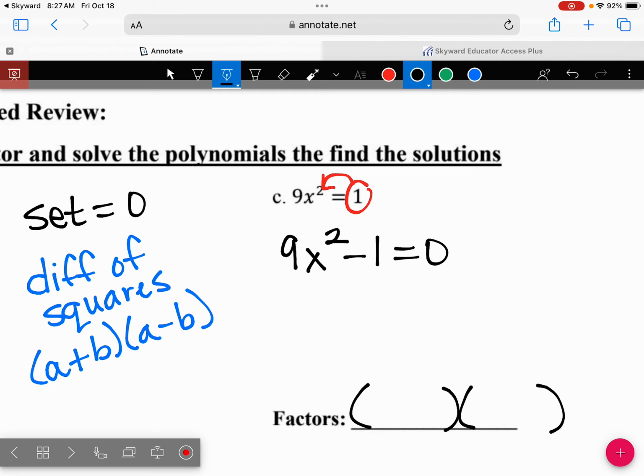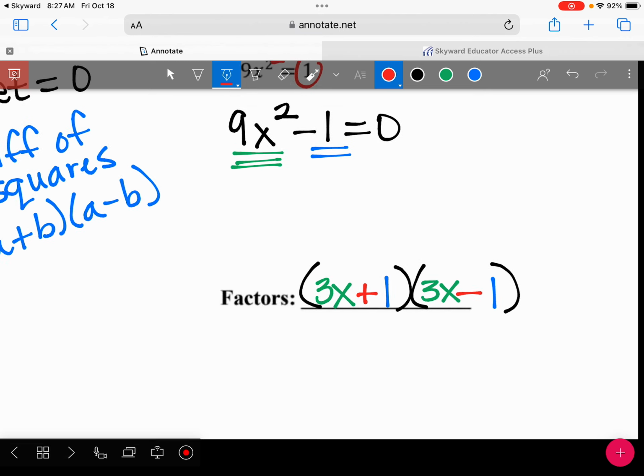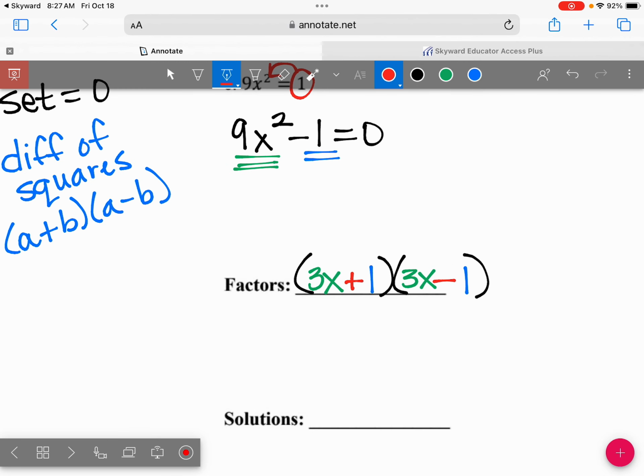So what multiplies to give you 9x squared? What is A? 3 what? X. Put that in the front. And the only thing that multiplies to be 1 is 1 times 1. And then for this pattern, 1 has to be addition and 1 has to give you subtraction. So that's your factors.